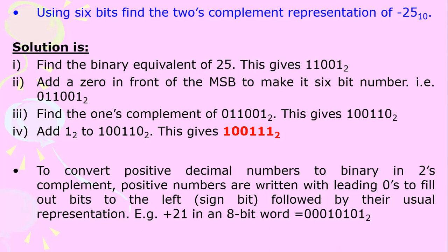But then because we are talking about an 8-bit, it means that we then introduce 3 zeros on the most significant side of our result, which will give us 0, 0, 0, 1, 0, 1, 0, 1.